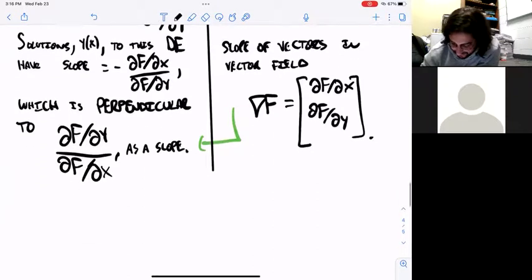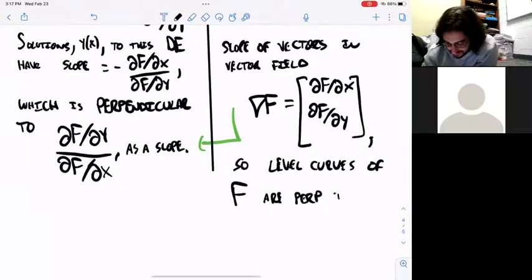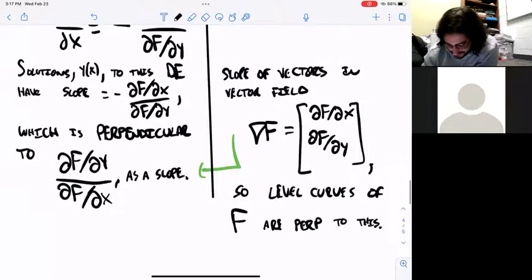So the level curves of f are perpendicular to this. And that's exactly what we're looking for. We want to be perpendicular to the gradient. That's what the level curves do.